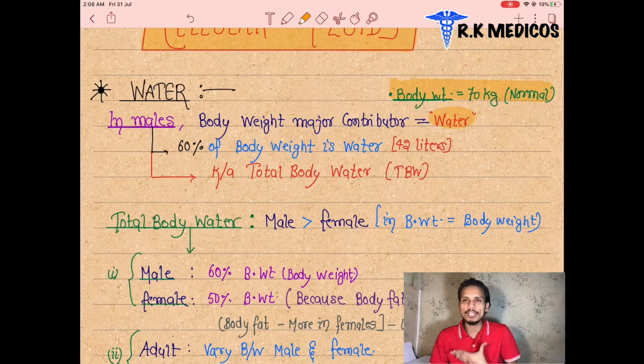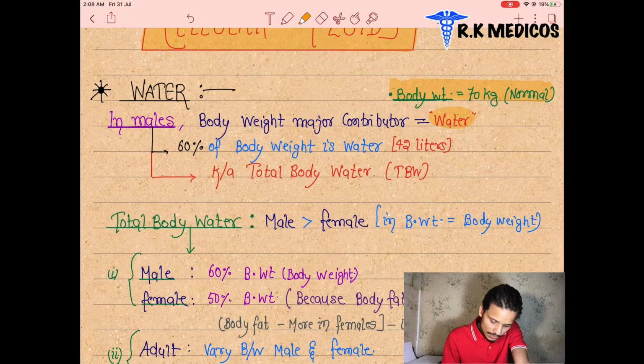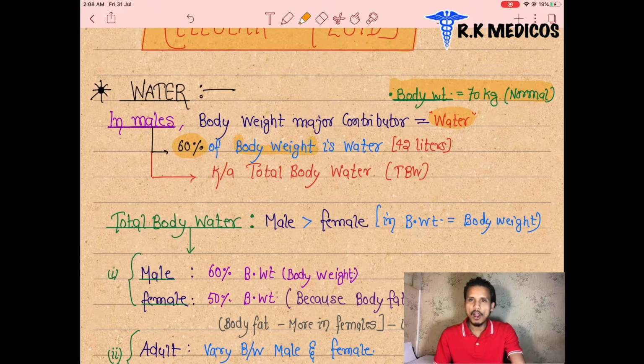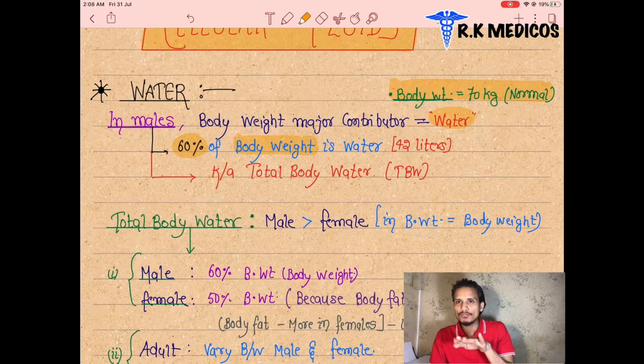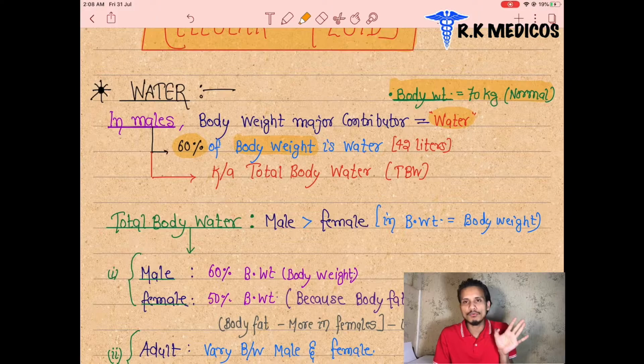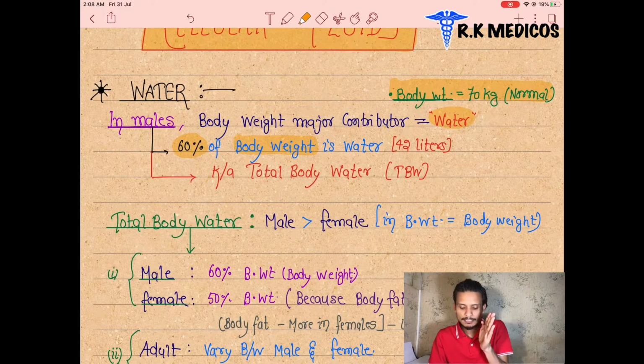How much of the body weight is composed of water? We are going to see that 60% of our body weight is constituted of water. If you are a 70 kg person, then 60% of that will be 42 liters.